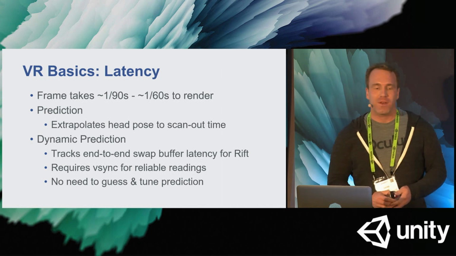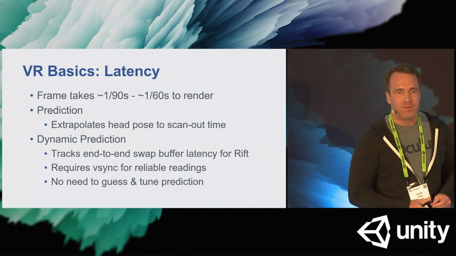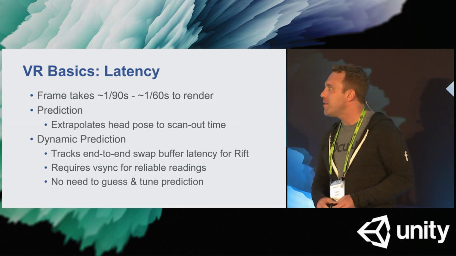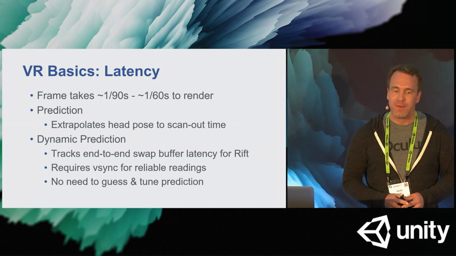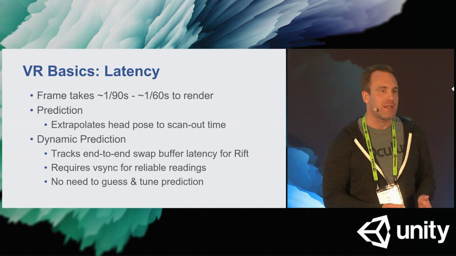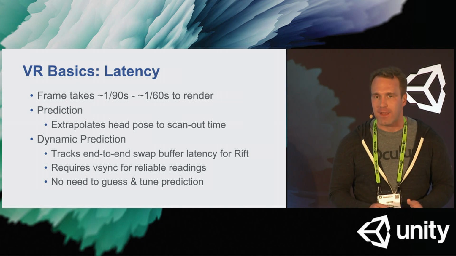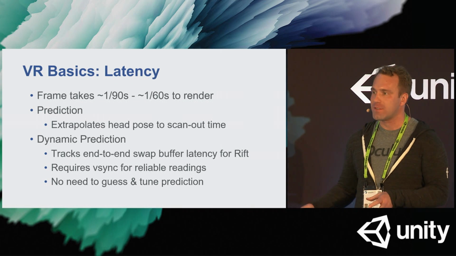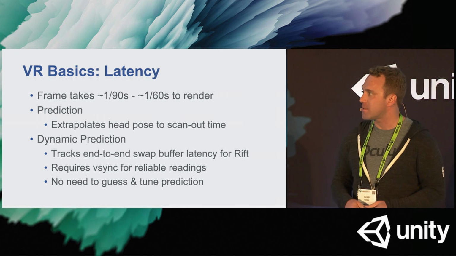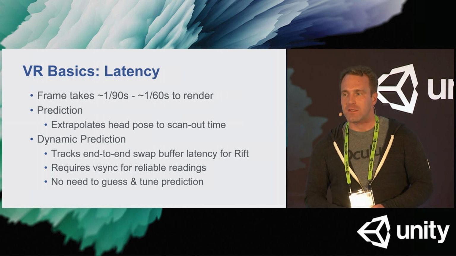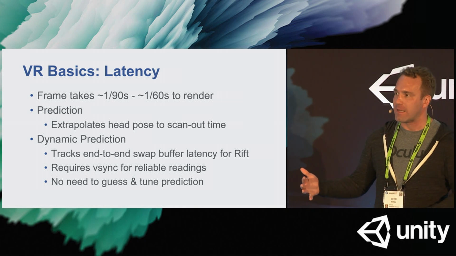Okay, so with all this tracking and distortion rendering going on, the app still has to render. And so the way we typically work is we give you a pose at the beginning of a frame, and then you render your textures, the eye buffers, and Unity abstracts those in a similar way to how it does the back buffer normally. So unfortunately, you can't really read back from them easily.